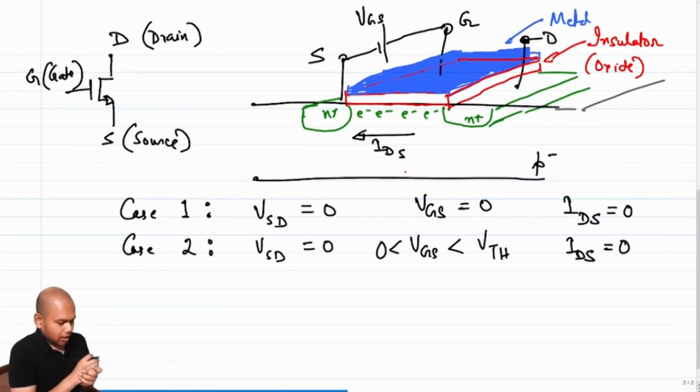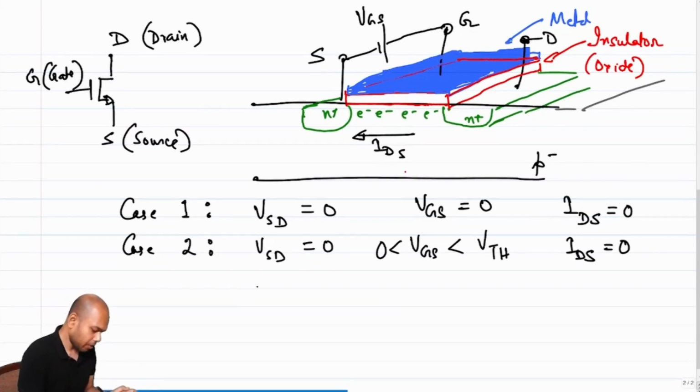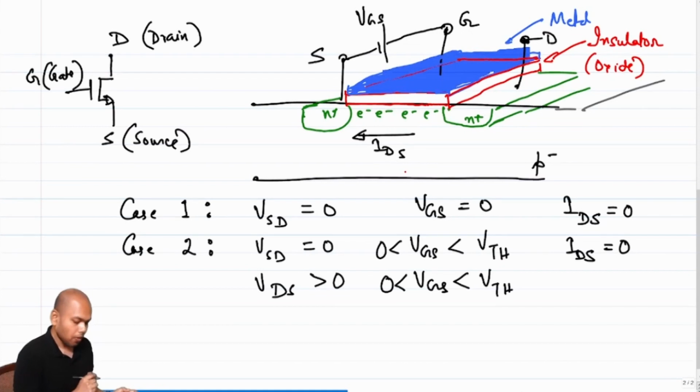For example, if VGS is less than the threshold voltage and I apply a positive VDS, so let's say VDS is greater than 0 and VGS is between 0 and the threshold voltage, what do you think will happen to IDS?